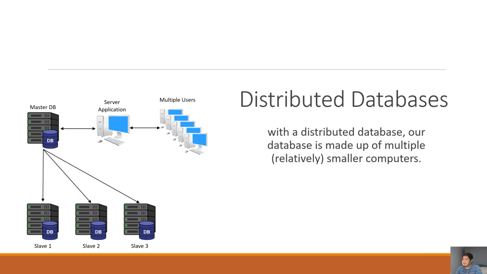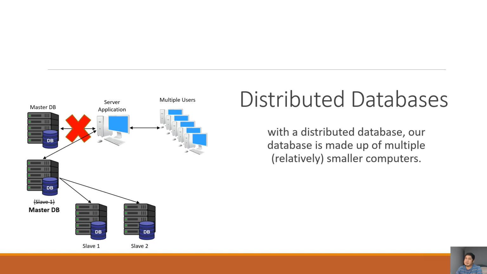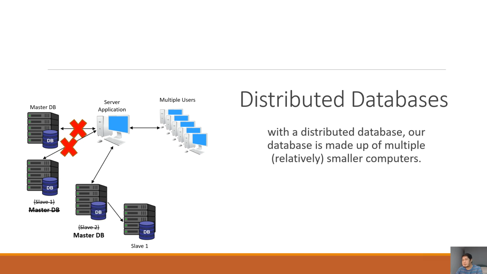Whenever the master database fails, transactions will still be completed because either of those slave databases can become the master database, because data are available to that database. And if the second master database fails, then another one can become the master database. So that's the idea of distributed databases.